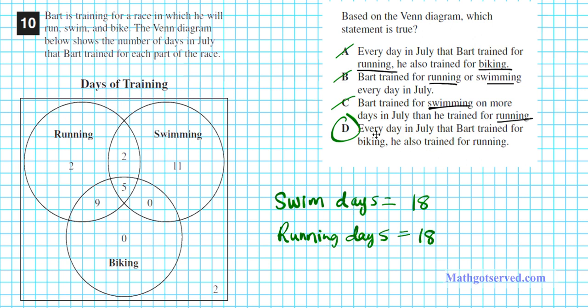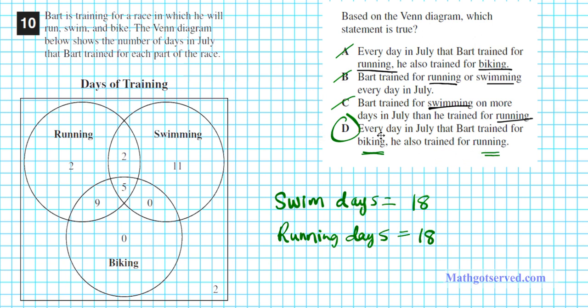to make sure that our answer is in fact correct. So option D states that every day in July that Bart trained for biking, he also trained for running. So that means that for every day that Bart biked, he must also have run on those days.